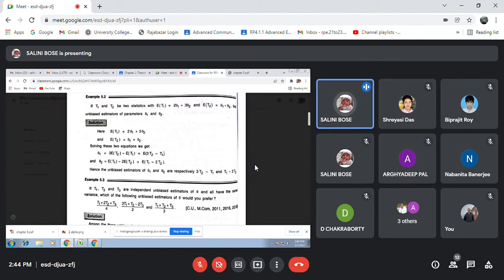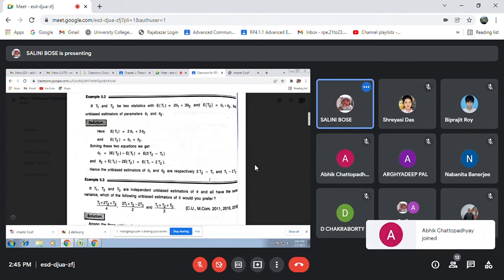So we can say 3T2 minus T1 is the unbiased estimator of theta 1, and T1 minus 2T2 is the unbiased estimator of theta 2, because it's following the E of T equal to theta form. Clear?